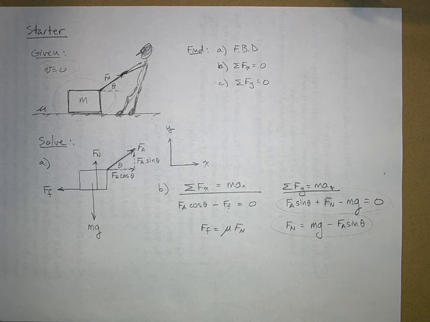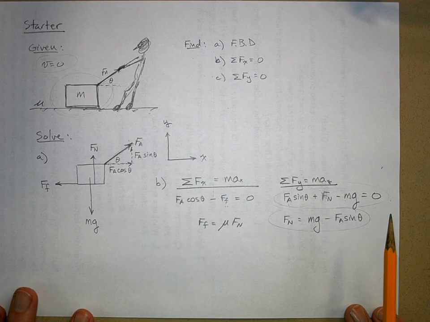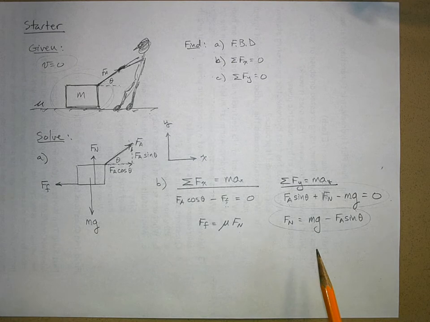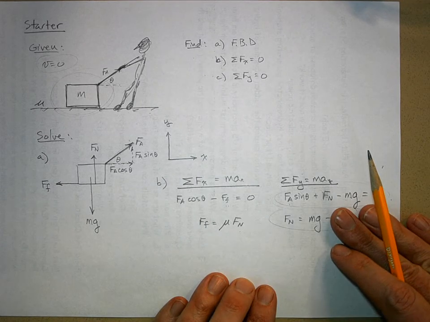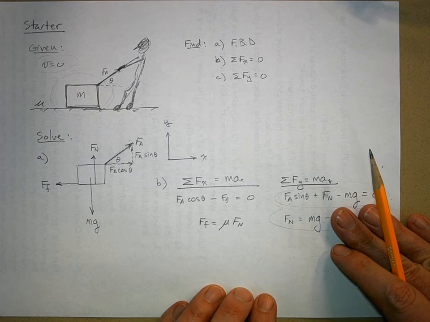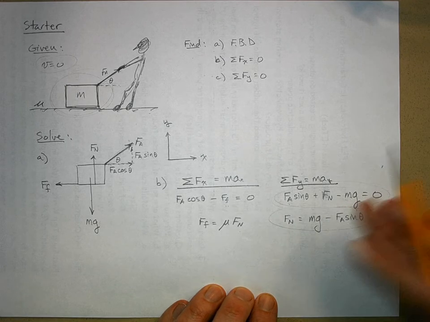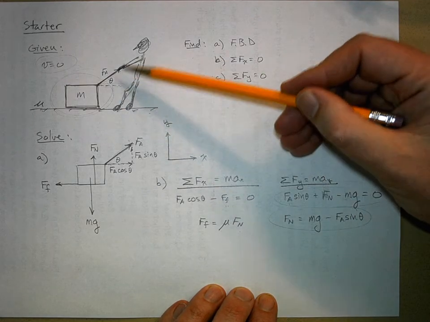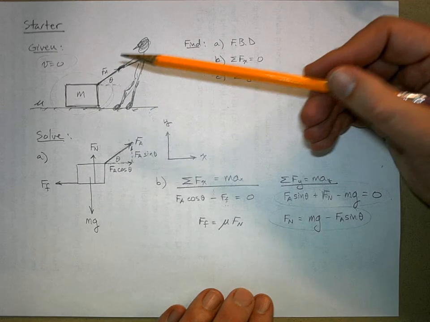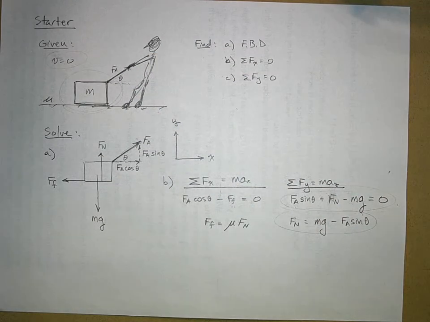Now, here's something really important. In the last unit, the normal force on a crate problem like this was just equal to the weight, wasn't it? But now the normal force isn't supporting all the weight. Look, this guy is pulling up on the crate. It's like he's trying to pick up the crate, right?